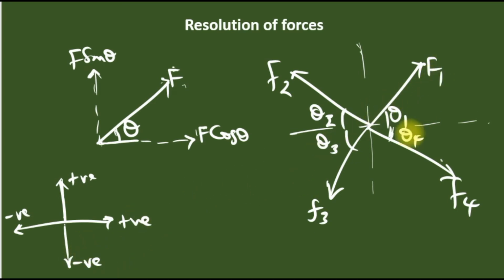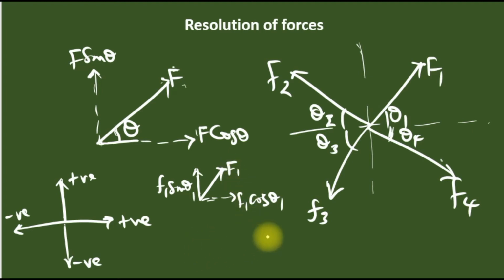To do the first one, if you resolve this first force, this is F1 cos theta 1, while the vertical component is F1 sine theta 1. So that's for force F1.